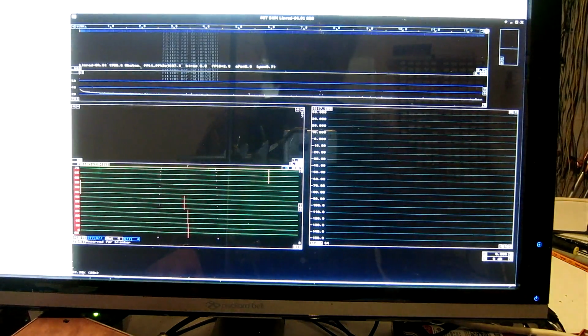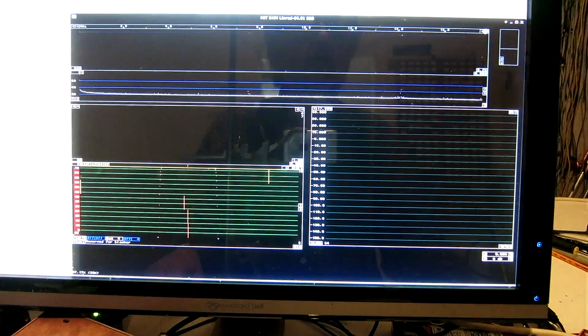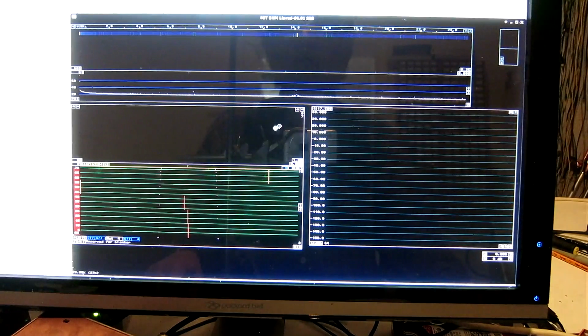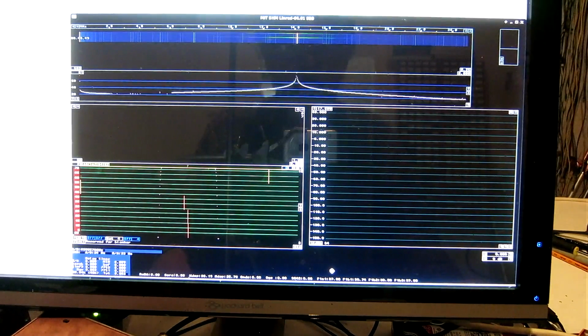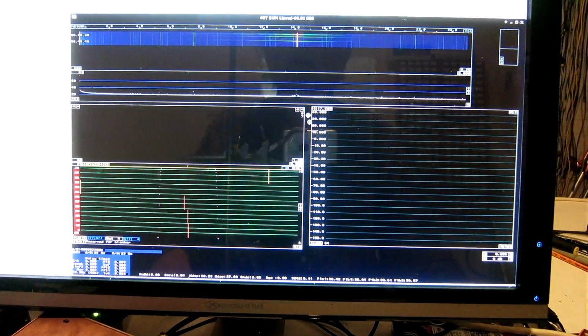And now the total bandwidth we can see is 25 megahertz, of course. So I press T for timing, and things look far better. And there are still glitches.